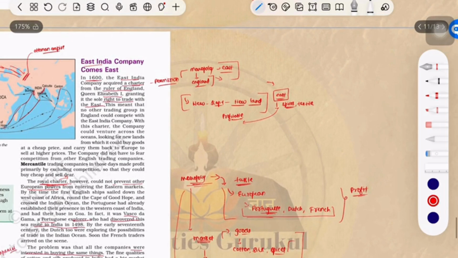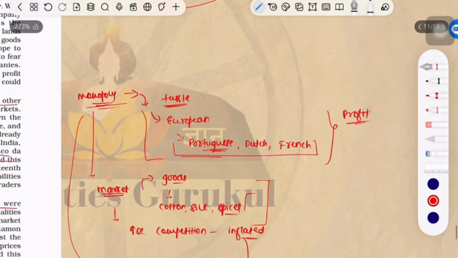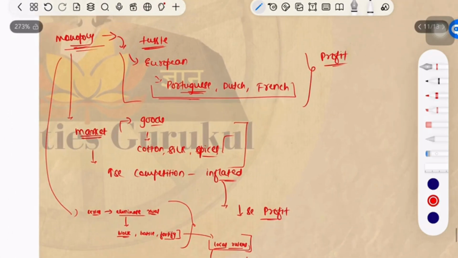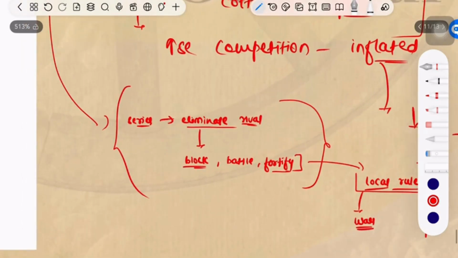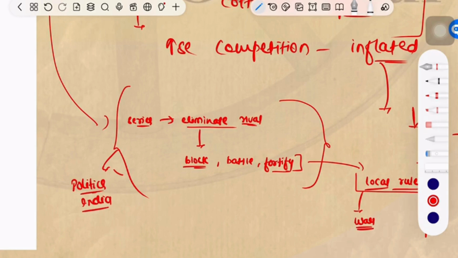So they started as traders, and they enjoyed this monopoly, but eventually, just to gain more profit, they had to fight with their other European competitors and eliminate those. And in this process only, they entered into the politics of India, just to gain more favor from local rulers and traders.